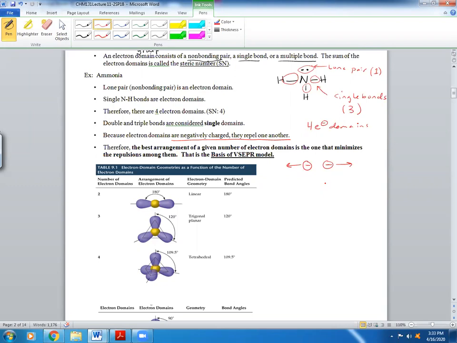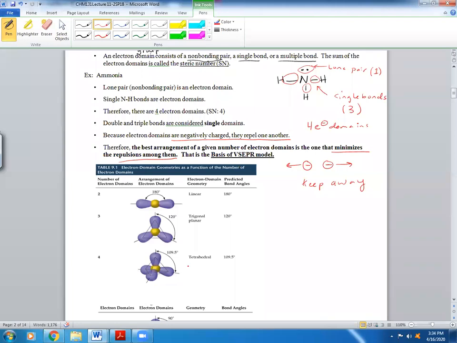They move around, the kinetic energy, not good. So you need to keep them away from each other. And how do you do that? Well, you have to fine tune it to a certain angle where that angle minimizes the repulsions among them. And that's the basis of the VSEPR model.